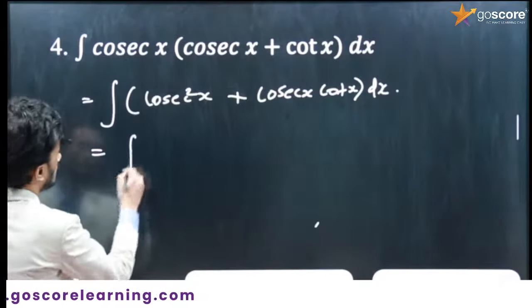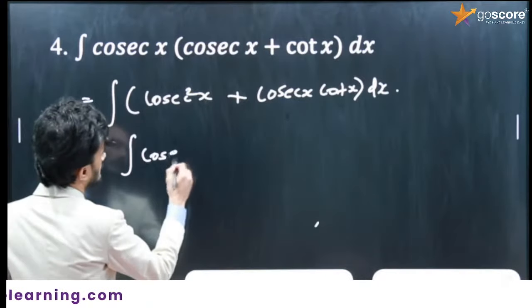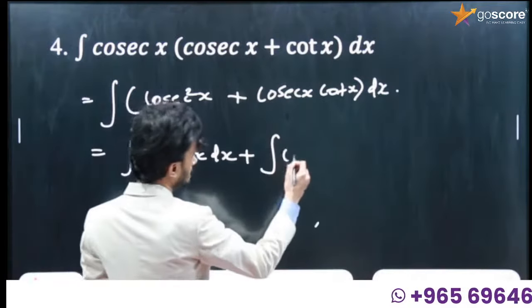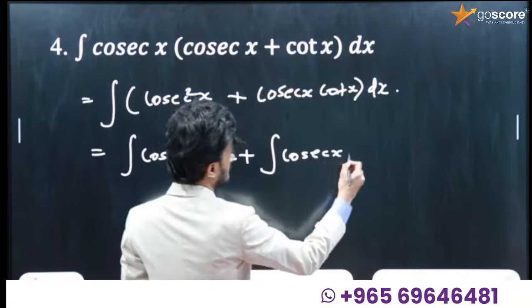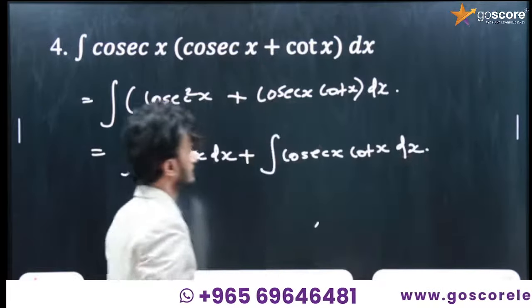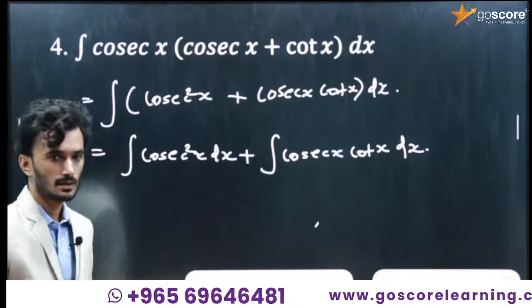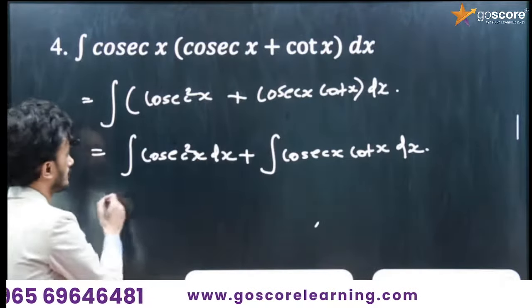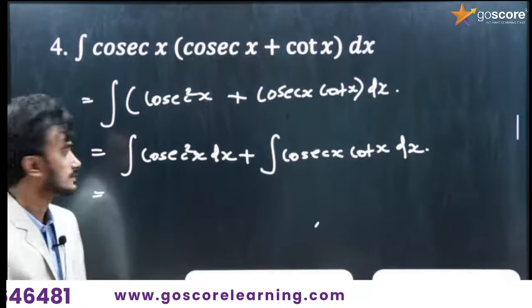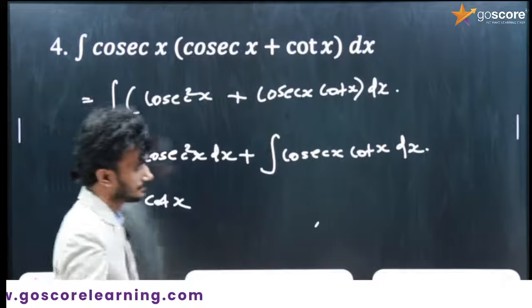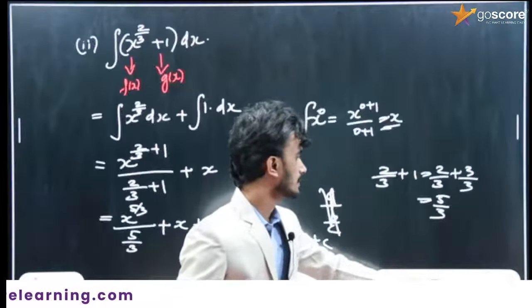So it is equal to integrate cosec square x dx plus integrate cosec x cot x dx. What is the integral of cosec square x? It is minus cot x.